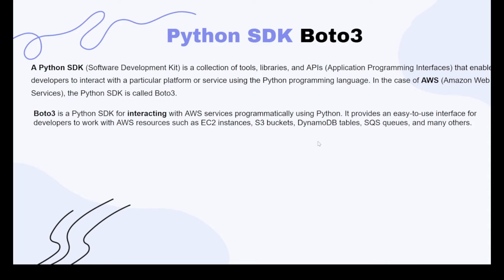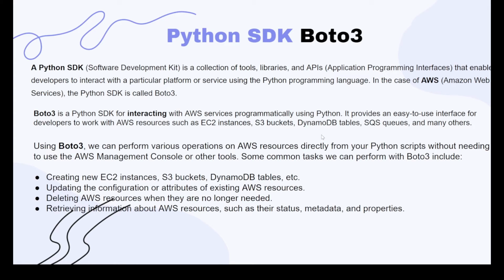It provides an easy to use interface for developers in order to work with AWS resources such as EC2 instances, S3 buckets, DynamoDB tables, SQS queues, and many other AWS services.